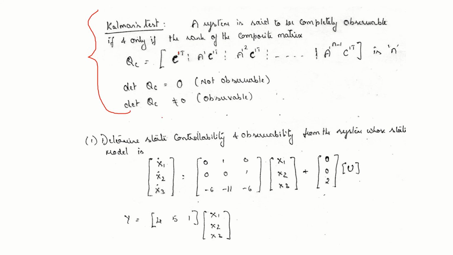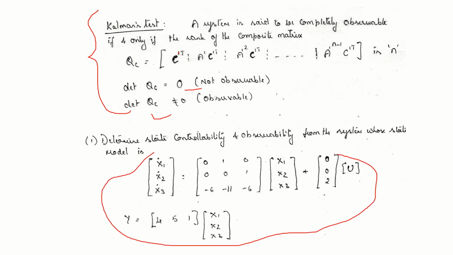And if the rank of that matrix is n, then it is observable. Not equal to n, not observable. Okay. So dash means it is transpose. That's all the thing.